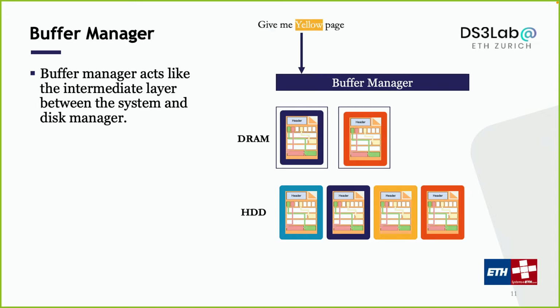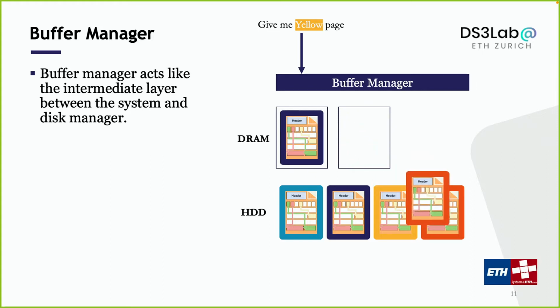And then what happens if another request comes in to say, we want the yellow page. In this case, you start to see a problem, because the yellow page is not in the DRAM. So I need to bring the yellow page from my hard drive to my DRAM. But my DRAM is very small, so there's no space anymore. So what the buffer manager is going to do is evict some of the pages.